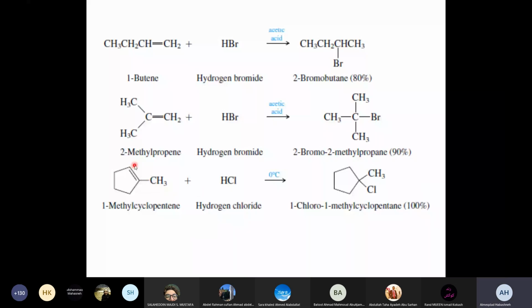With methylcyclopentene, by adding H+, the H is added here instead of CH2, while this carbon connected to no hydrogen gets the Cl. So we got this compound.